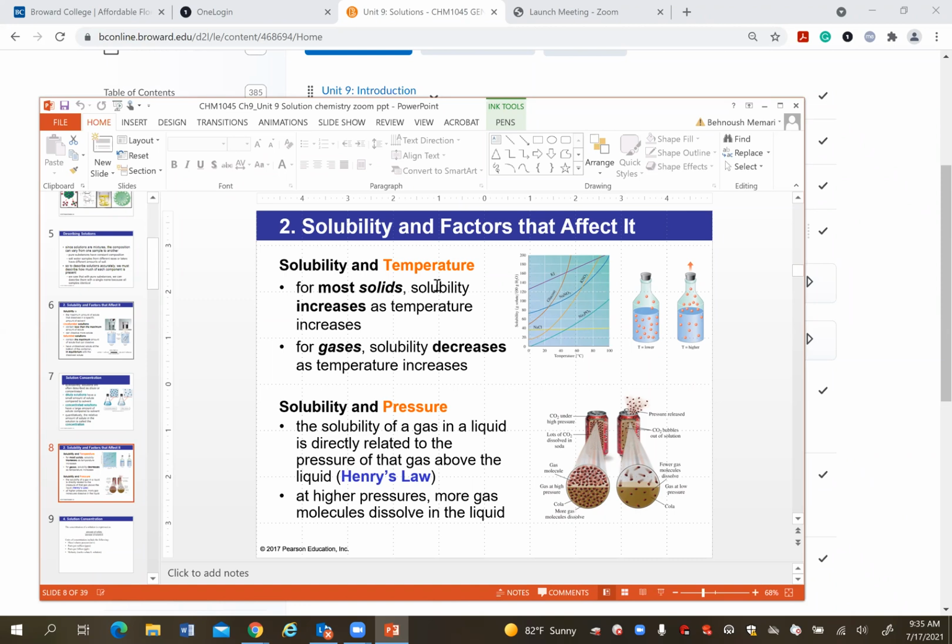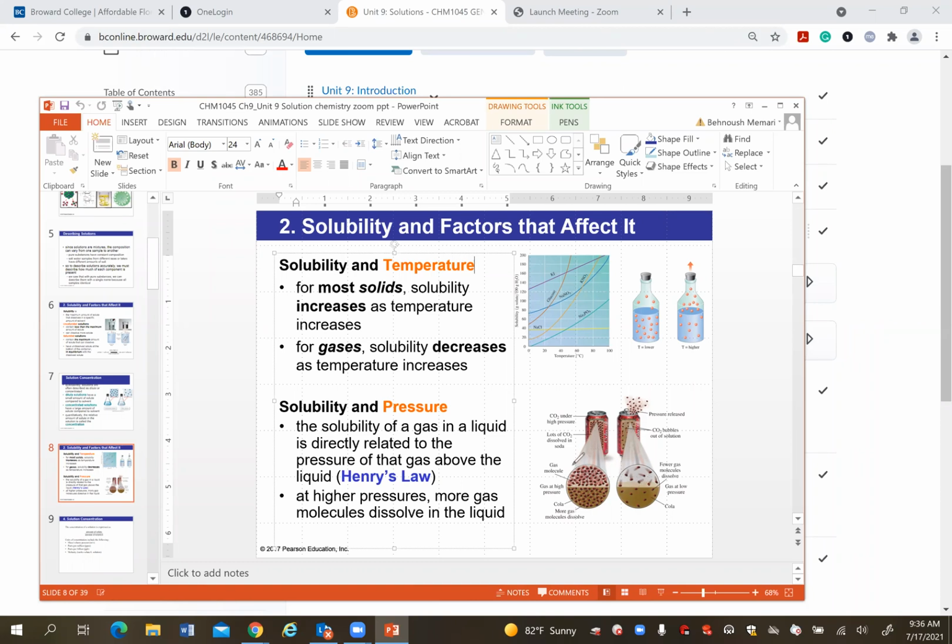Some factors that affect the solubility, as we talked about, is the temperature. You increase the temperature, solubility would increase, and that's the majority of the time. There could be some exceptions, but it's not common. Solubility of gas in liquid.